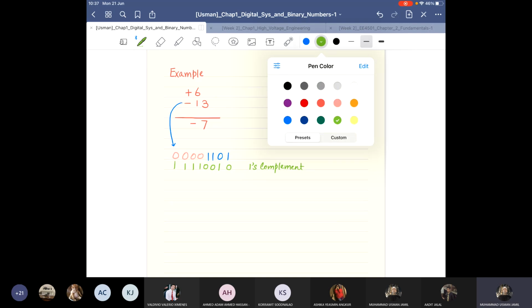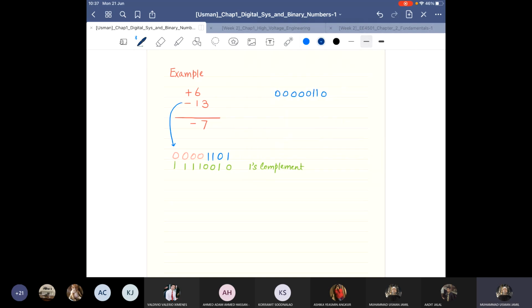And now we want to find the two's complement, which is the ones complement plus 1.